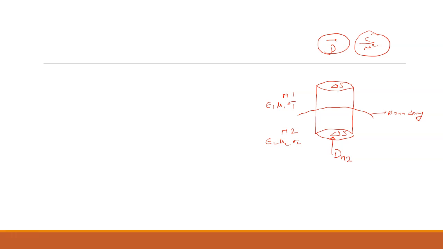Then the flux is leaving the surface through here as Dn1.